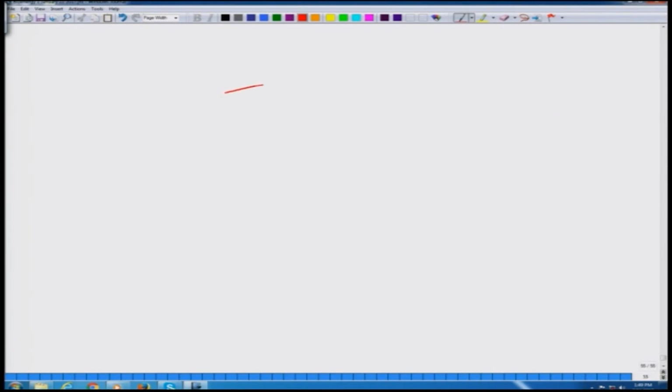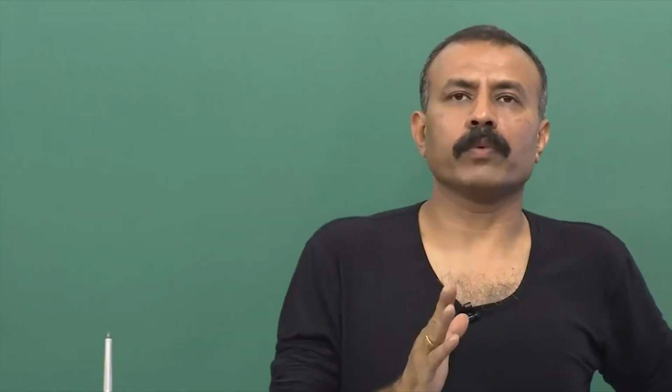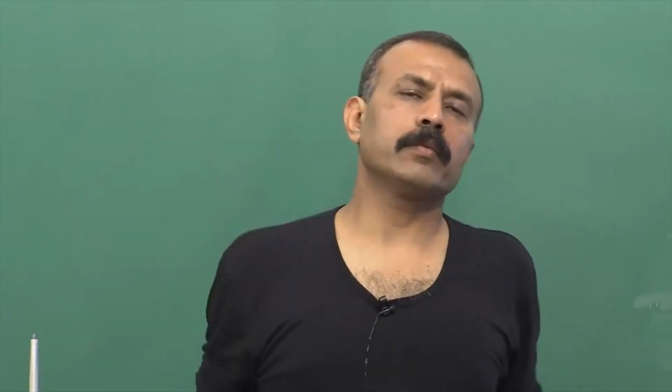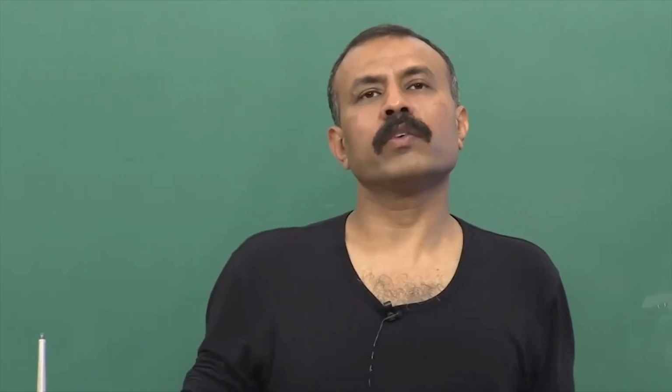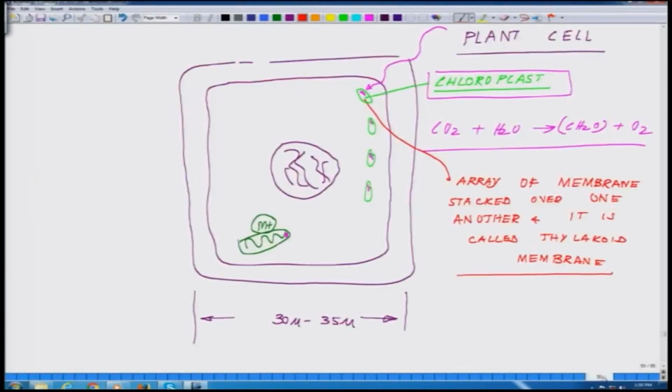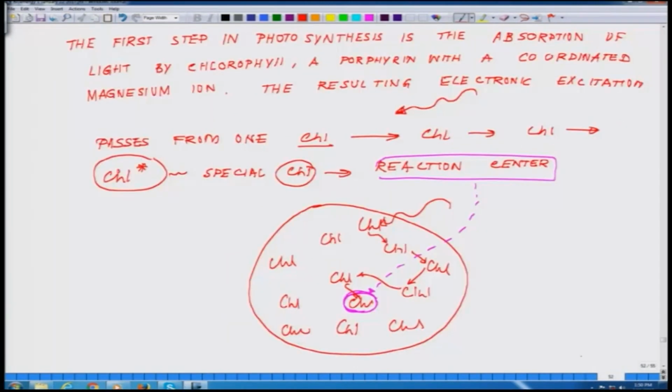So, we talked about the structure of the chloroplast. There will be 2-3 terminologies which will come to you, and do not get scared, we will go one by one. There is a terminology which will come as photosystem 1, and another terminology called photosystem 2. Just for your visualization, I showed you one picture just before in one of the slides. Let me go back to the slide. So, I showed you this picture. So, imagine out of this, I am adding one more.